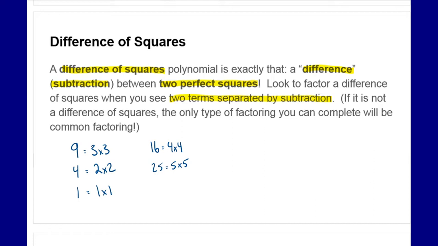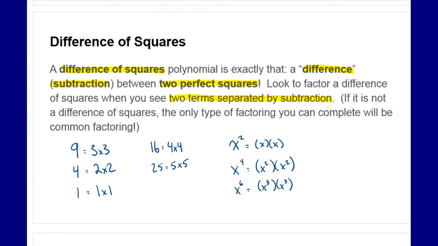It also appears with variables. x squared is a perfect square of x times x. Or it could be a to the power of 2, anything to the power of 2. Same thing if it's to the power of 4, because that could be x squared times x squared. x to the power of 6, that could be x cubed times x cubed.